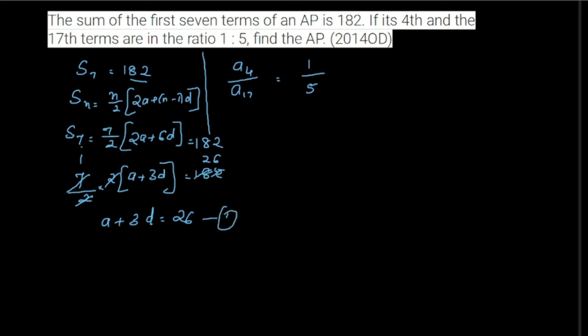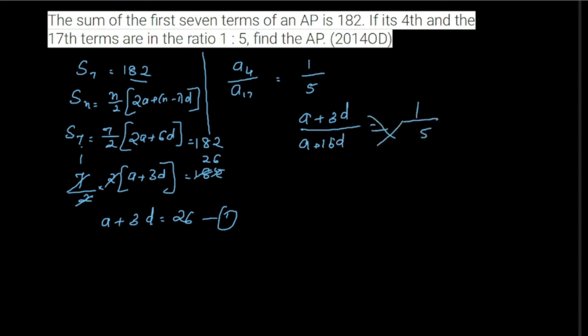Now we'll take the second one, that is a4 by a7 is equal to 1 by 5. Now what is a4? All of you know that an is equal to a plus n minus 1 into d, so a4 is a plus 3d. So a plus 3d upon a plus 6d is equal to 1 by 5.